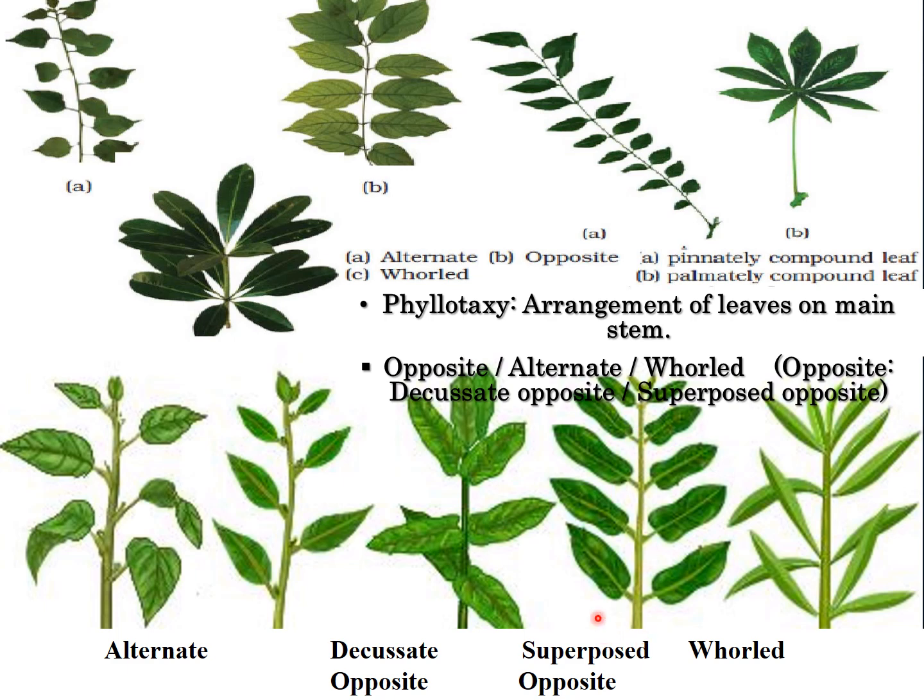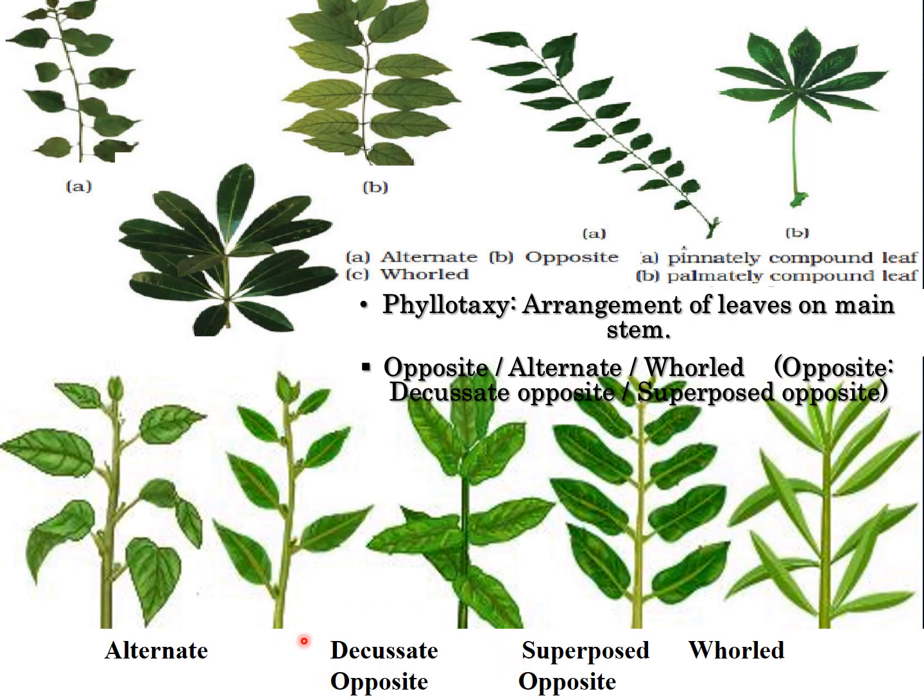While in superposed opposite leaves, all the pairs of leaves vertically coincide with each other. While in the case of whorled leaves, there are more than two leaves per node. So alternate leaves have one leaf per node, and opposite leaves have two leaves per node, of two types: decussate and superposed.